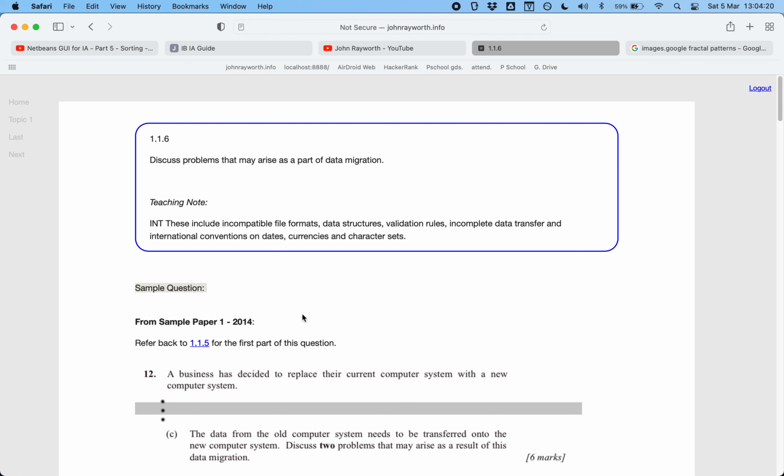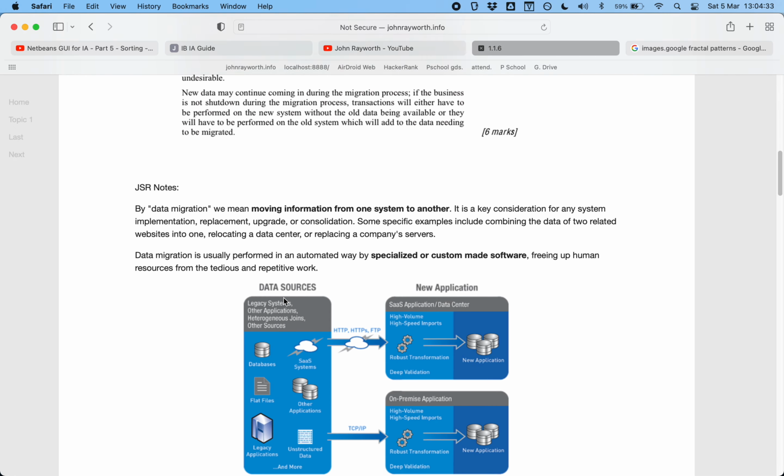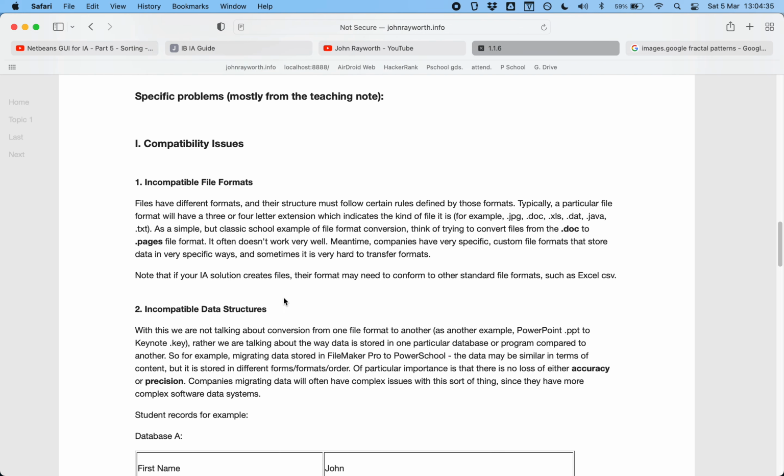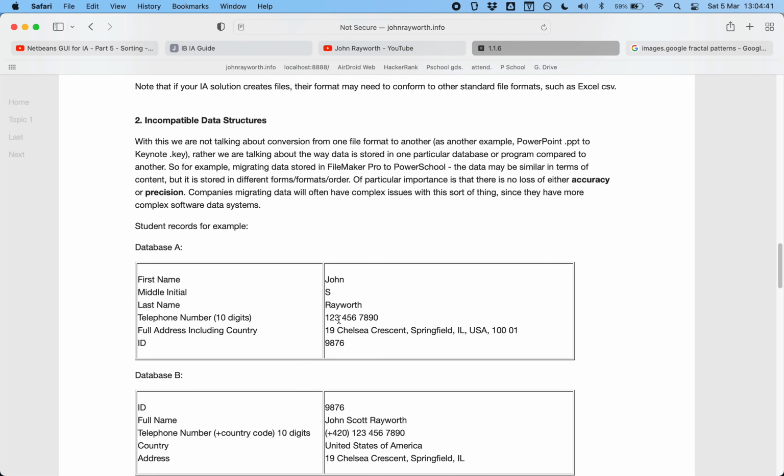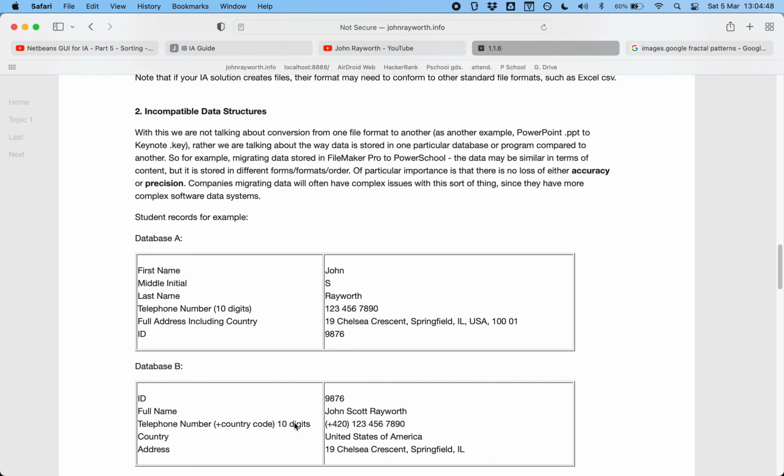Basically, it boils down to, as you look through these notes and answer the questions, losing data or losing part of the data or corrupting the data, making it not what it was, or just having trouble with incompatible formats. And I think it starts with incompatible formats: file formats, docx pages, for example, file structures where in a database they're just not kept the same way in the old database and the new database, and somehow you've got to figure out how to translate them.